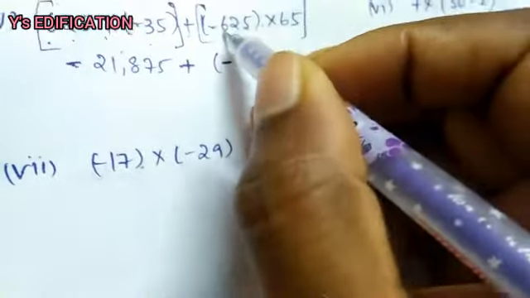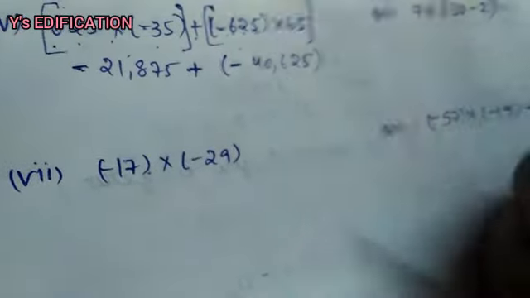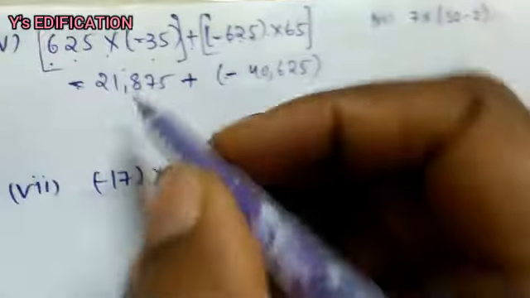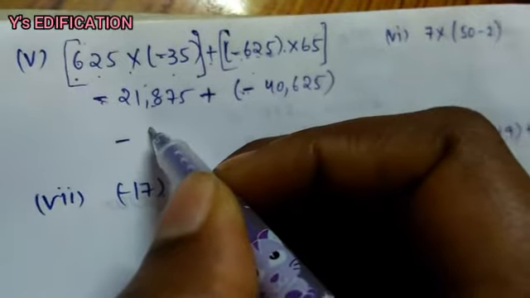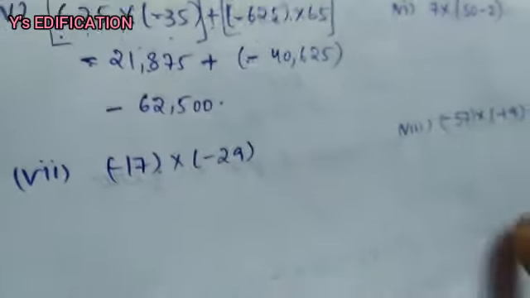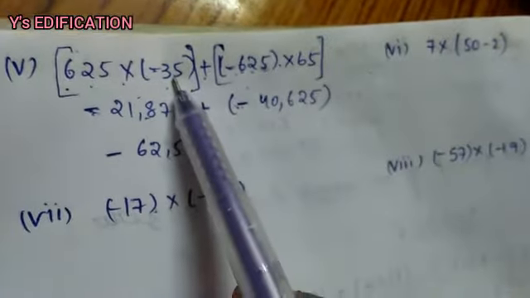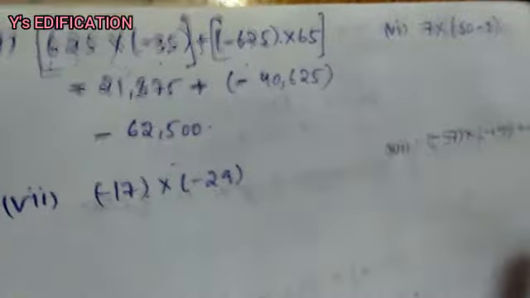When we multiply 625 with 65, we will get 40,625. Plus into minus, we have to take minus. When we add these two numbers, we will get minus 62,500. This is the final answer. First we do the multiplication of these two numbers and these two numbers, then add both the results, and we will get the answer.